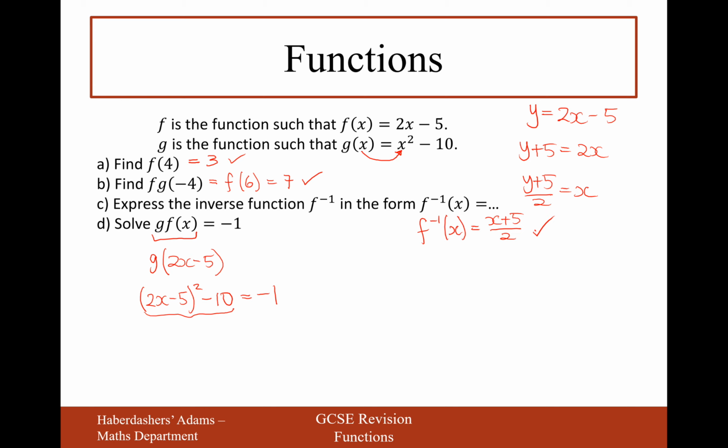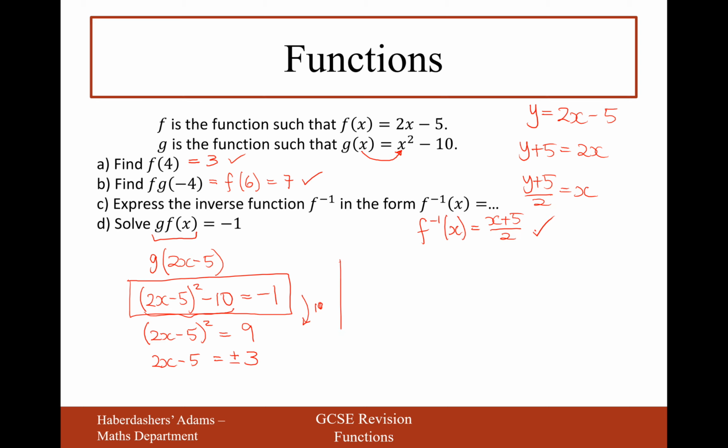So what we've got now is an equation that we can solve. First thing I'll do is add 10 onto the other side. So 2x minus 5 squared equals 9. The next thing I'll do is square root. Now, when I square root this, I'm going to get 3, but I could also get minus 3, because remember, if I was to square the number minus 3, I'd get 9 as well, so this is actually plus minus 3.